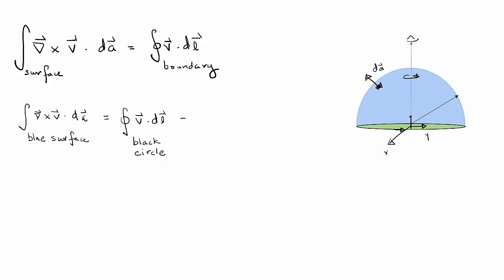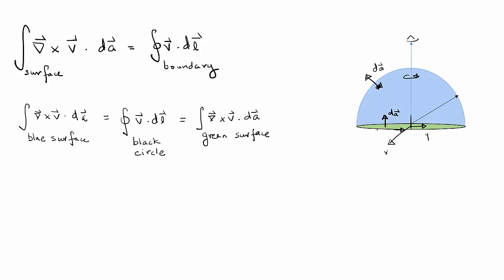On the other hand, the black circle also bounds the green surface. So this too must be true for the green surface. And once again, the orientation consistent with this would be dA here.